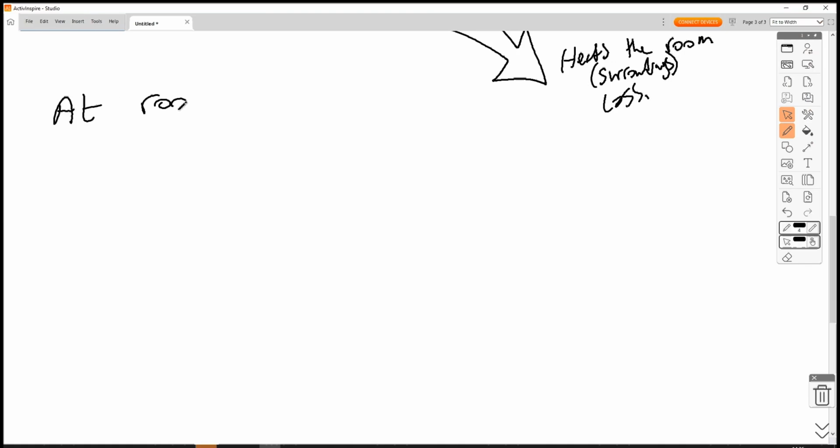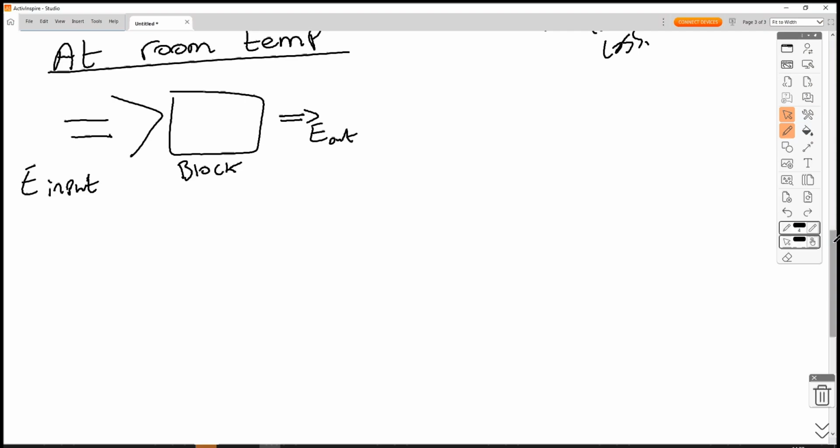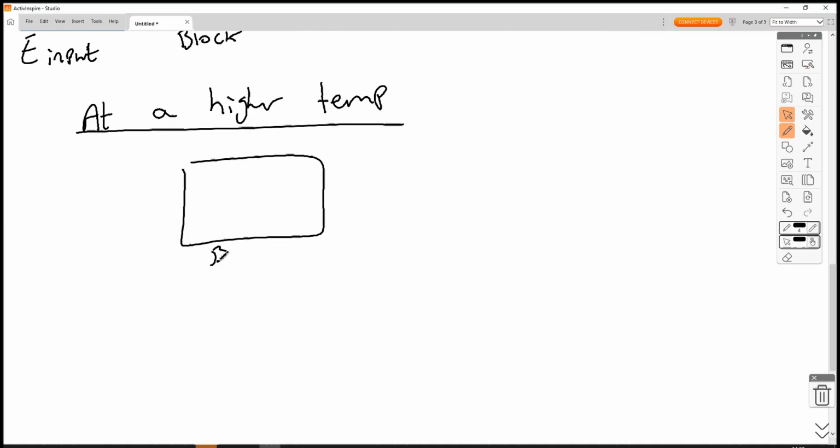So at room temp, or ambient temp, this is also called ambient temperature, if we draw our block and we do energy in and we do a small energy out, then as the temperature gets higher, so at a higher temp, if we've got our block, we've got the same amount of energy coming in because it's heating at constant power.